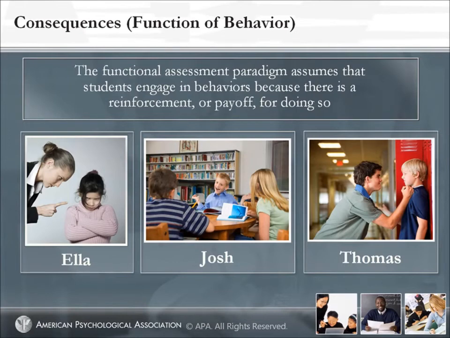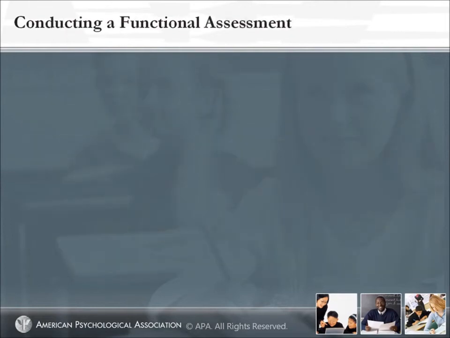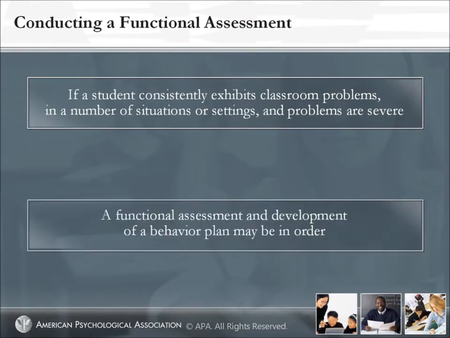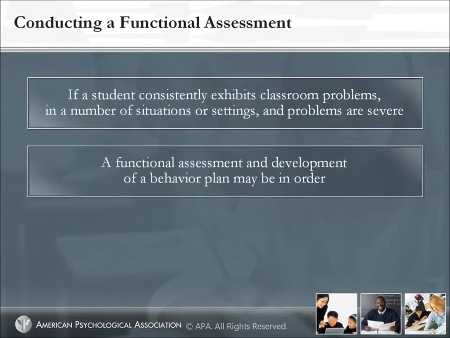for example, classwork, individuals. Conducting a functional assessment. If a student in your classroom consistently generates classroom problems in a number of situations or settings, and those problems are severe enough to regularly take time away from other students, a functional assessment and development of a behavior plan may be in order.